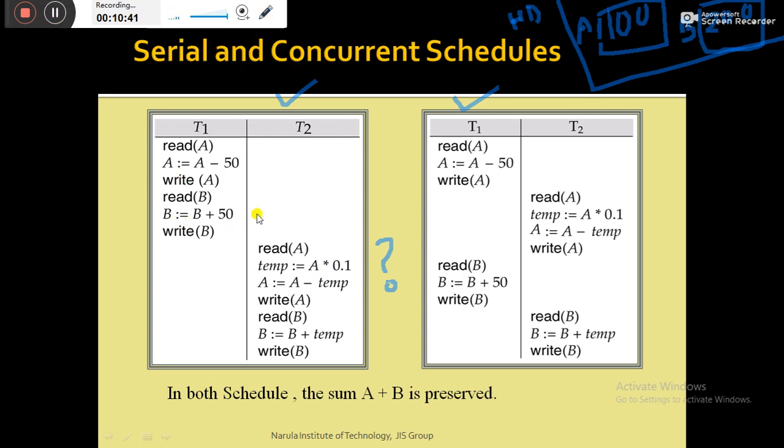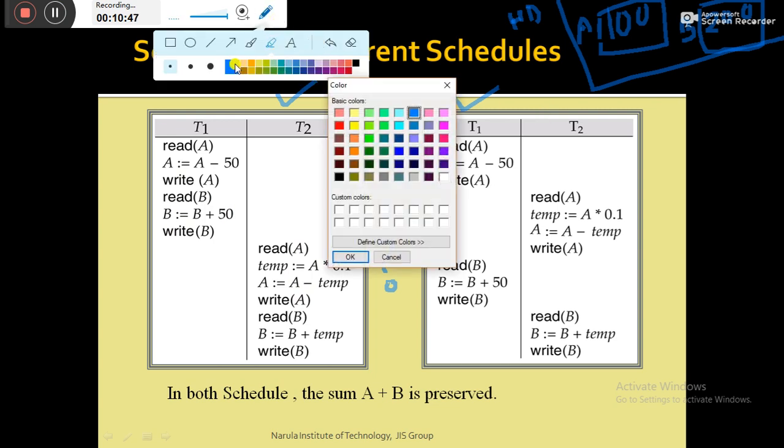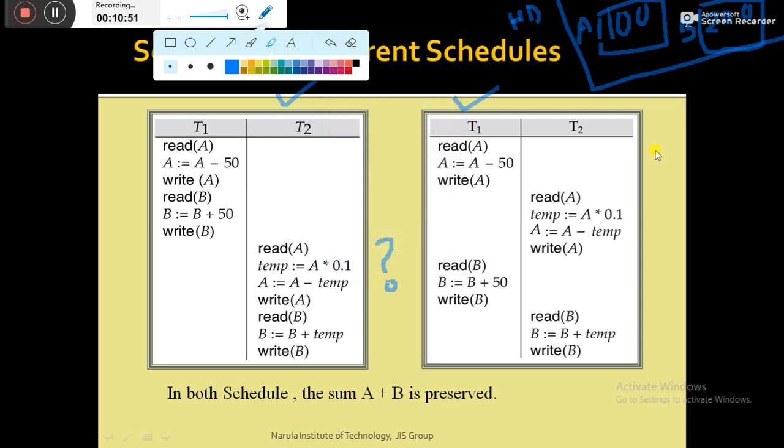So again, let's check what will be the value of A and B. As we already know, read A means a copy will be in the RAM. So this is RAM.